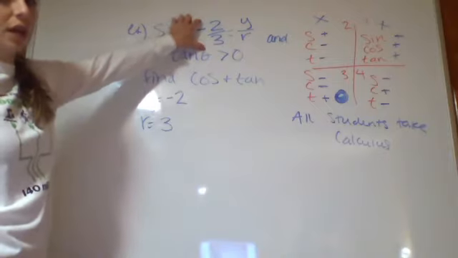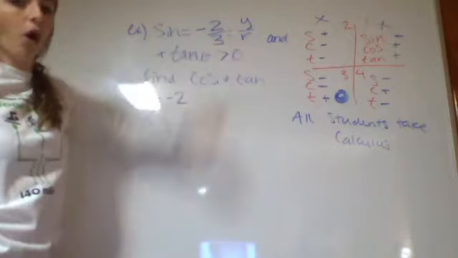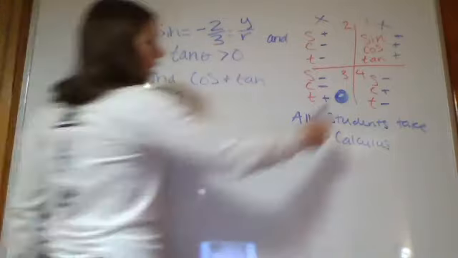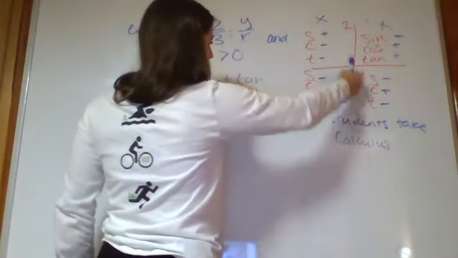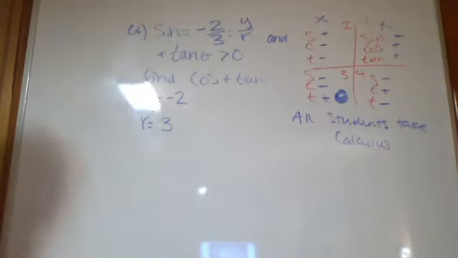Taking this fraction, the top value tells me my y, the bottom value tells me my r. And y values in this quadrant are negative, so it makes sense that y is -2.